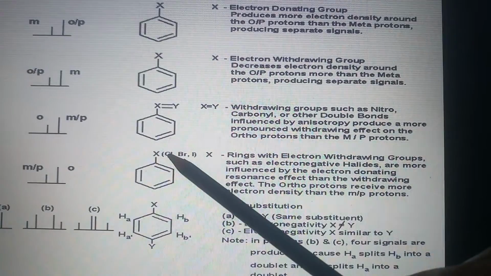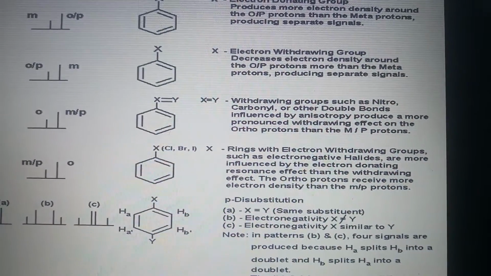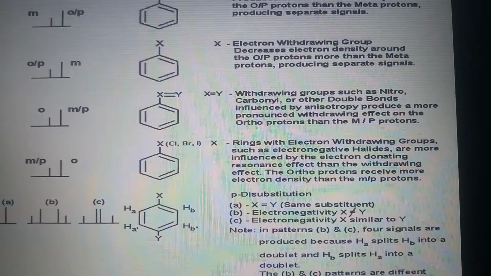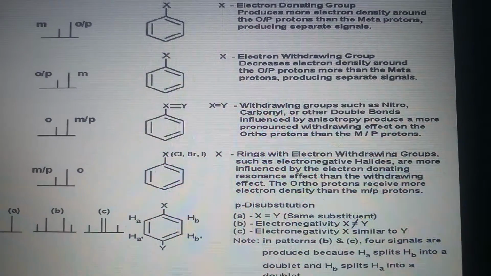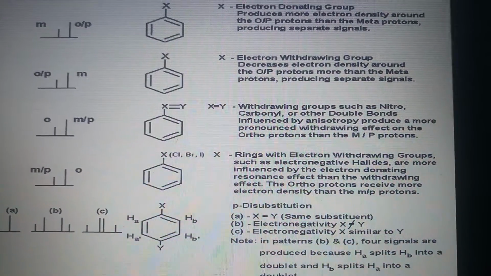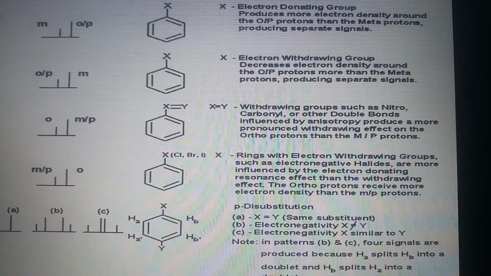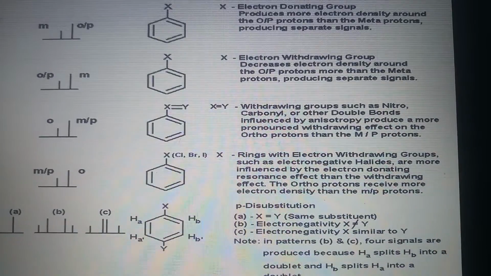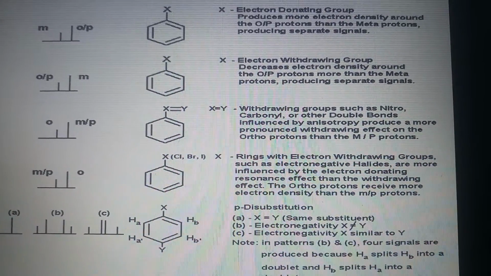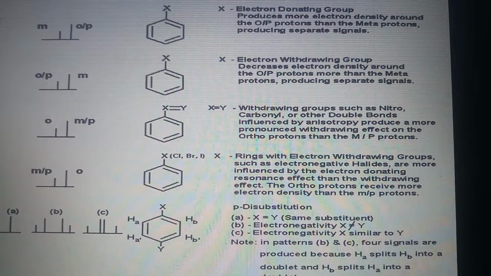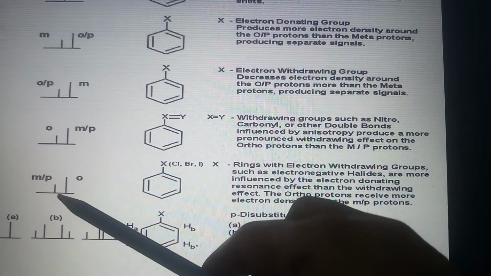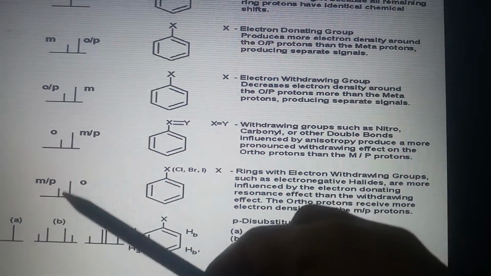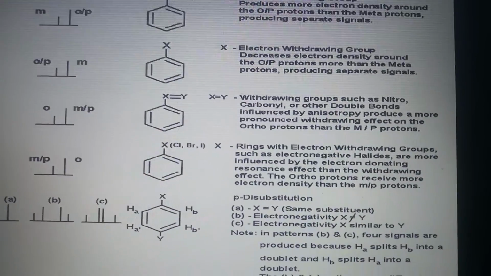When X is equal to Cl, Br or I, rings with electronegative halides are more influenced by the electron donating resonance effect than the withdrawing effect. The ortho protons receive more electron density than the meta and para protons. You can see, for that reason meta and para will be deshielded and ortho will be shielded.